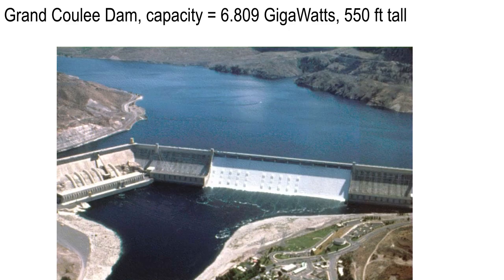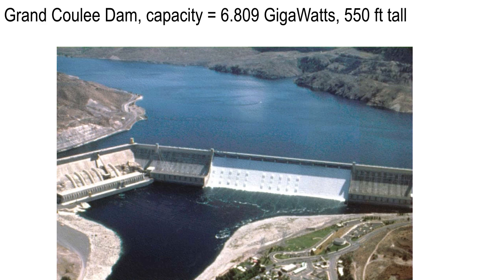Well, a gigawatt, here's Grand Coulee Dam out in Washington State. That's the Columbia River. It's a dam that backs up water, about 100 feet of water, and then they let the water go through these big pipes. They spin turbines, and then the turbines spin electrical generators, and that gives hydroelectric power.